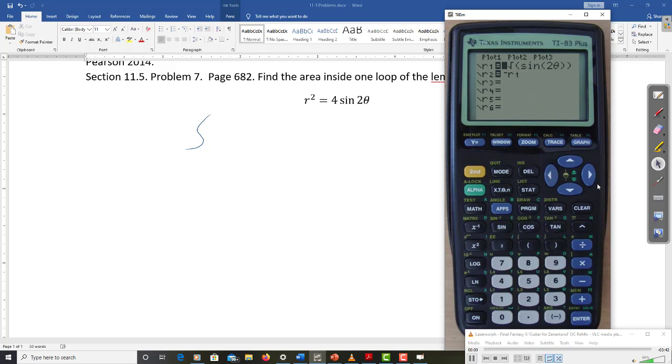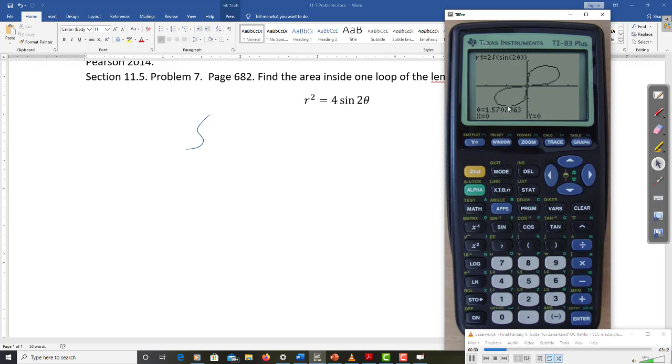It's literally what we plugged in last time, I think even the corresponding problem from the last section. We just want one loop, and that will go from 0 to pi over 2.